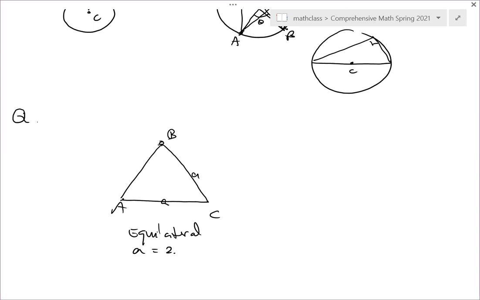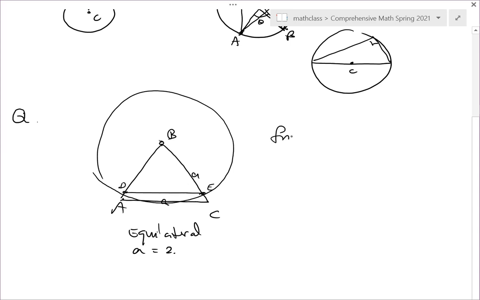Okay, so I draw the circle here. Then you get 2 intersection points. So this will be D and E. Find the length of DE. Okay, clear? DE is parallel to AC, right?